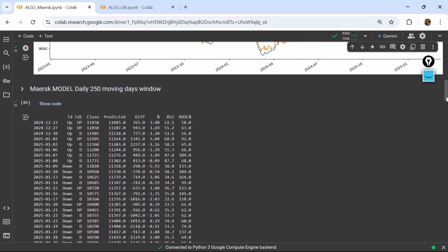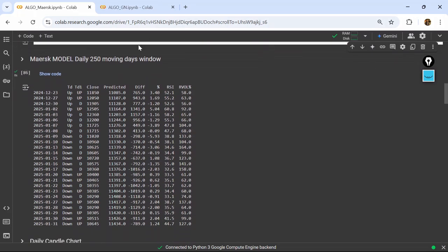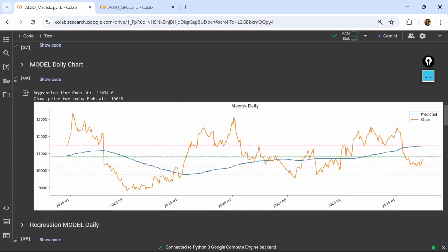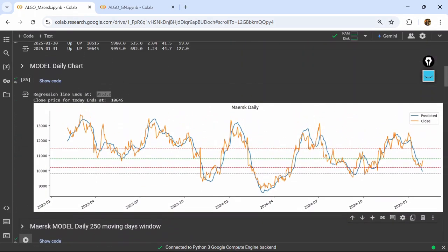And if we go here, we also have moving averages on 25 days, but right now I only show 25 days. Here you can see we have the same value on 25 days. If we compare these two values, friends, you can see where the regression line ends.